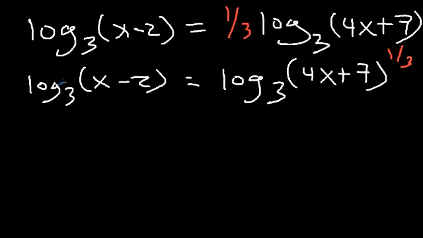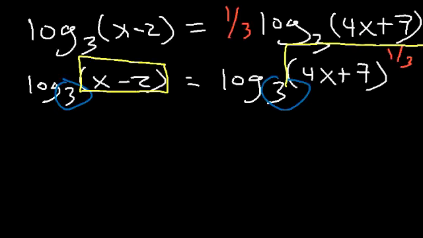Now, because the bases are the same, since they're equal to each other, what's inside of the log expression, the x minus 2, must be equal to the stuff inside the other log expression. That is the 4x plus 7 with the 1/3 with it as well. So we could set the two things inside the yellow rectangles equal to each other. So if the bases are the same, the stuff on the inside must be the same.